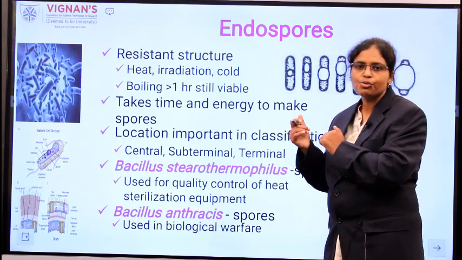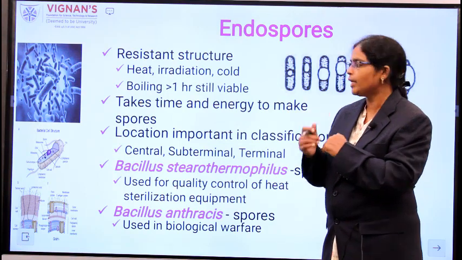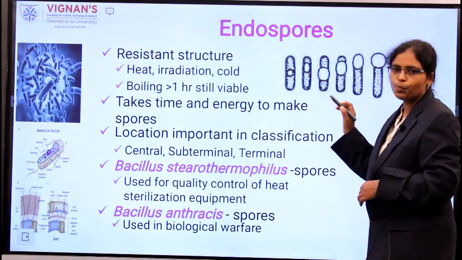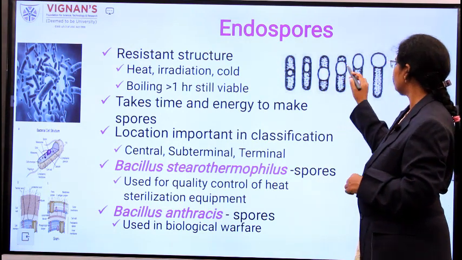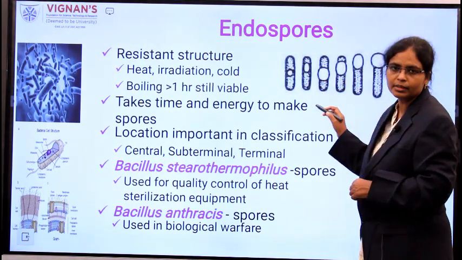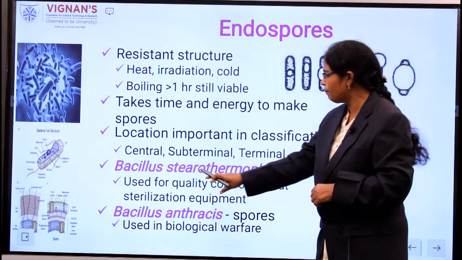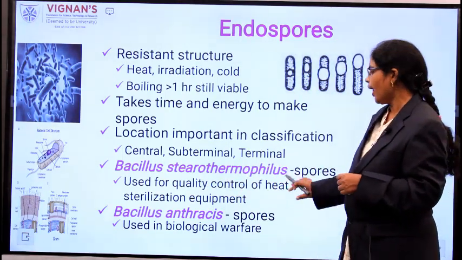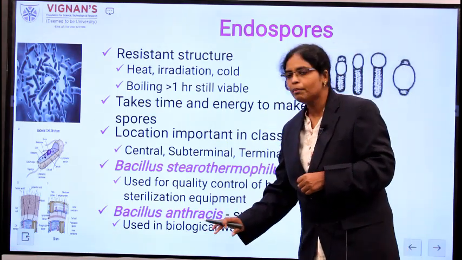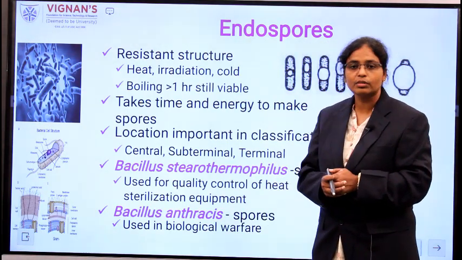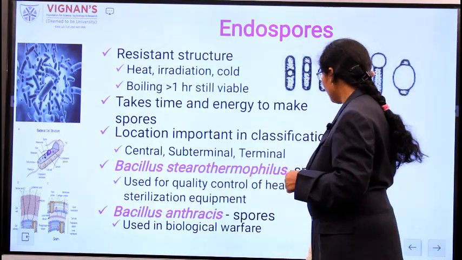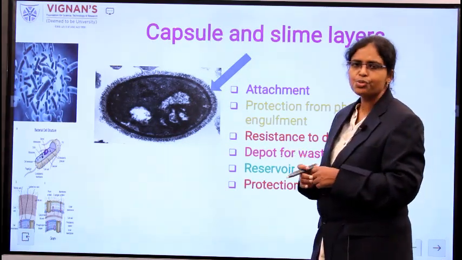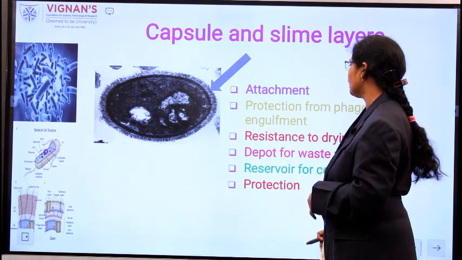This feature is used for identifying the bacteria. Here you can observe in this picture some endospores. They are located central, subterminal and terminal like this. See the example Bacillus stearothermophilus. This strain produces endospores. And another one, Bacillus anthracis, causes the anthrax disease. So endospores are structures used for identifying the bacteria.